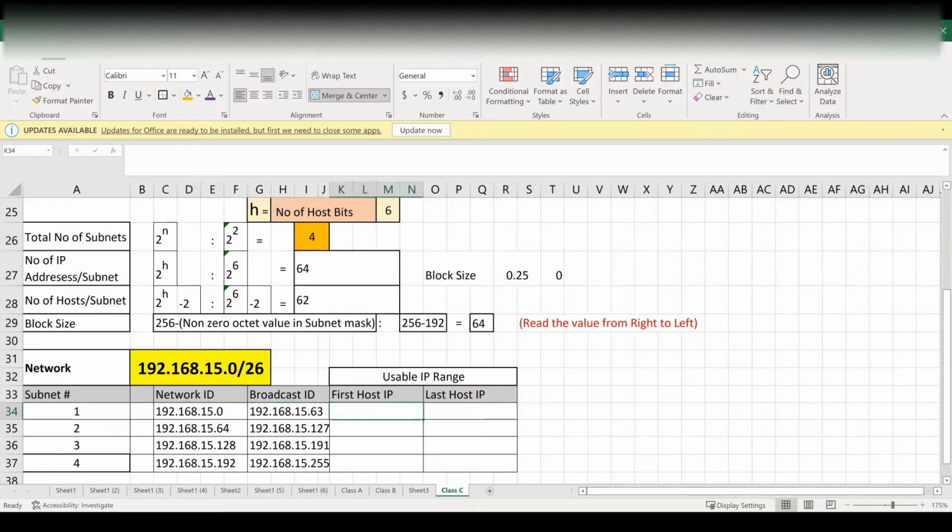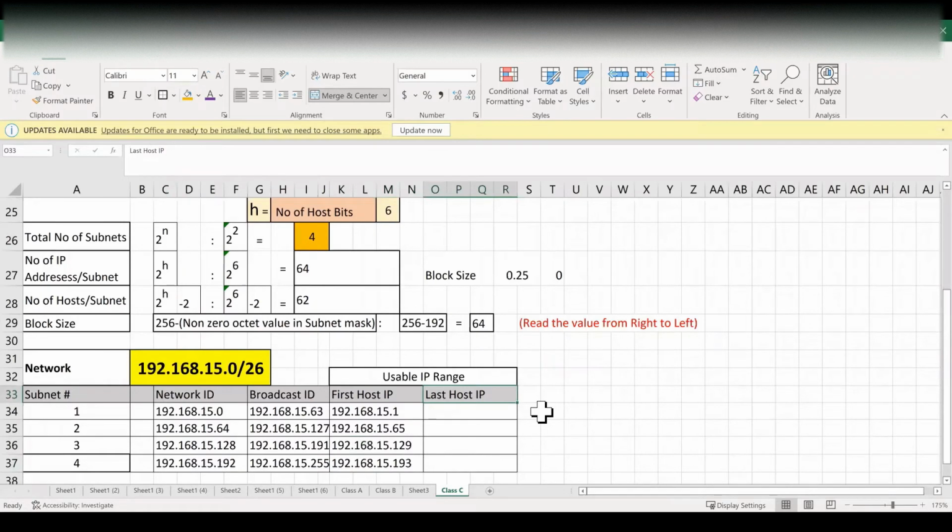So we will get 192.168.15.1. The same way when we add one IP address to the next network ID, that is 15.64, we will get 15.65. The same way when we add one IP address to the network ID, we will get the first host IP address for every subnet.